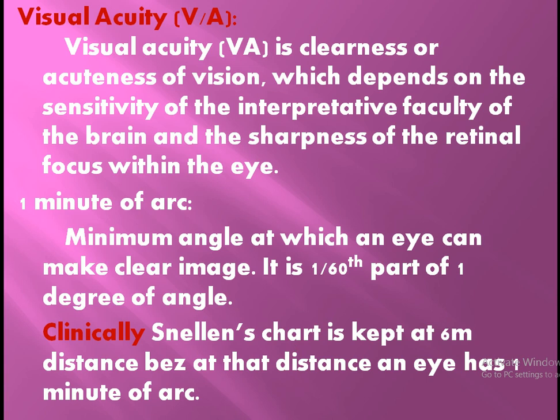Now you will ask, what is 1 minute of arc? That is the minimum angle at which an eye can make a clear image. It is the 1/60th part of 1 degree of the angle. This is the shortest definition of 1 minute of arc. So that is the reason it is kept at 6 meter.